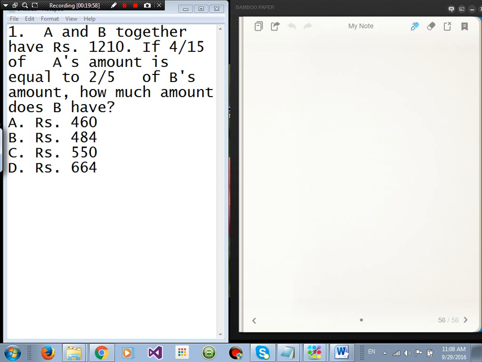Simply here, 4 by 15th part of A's amount is equal to 2 by 5 of B. This is the simple equation to be written.